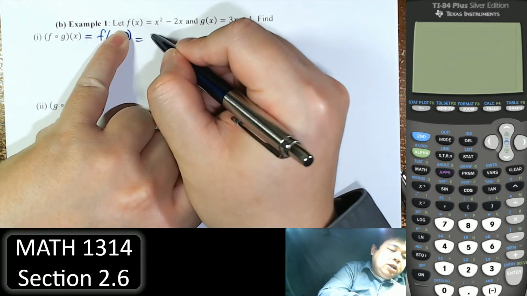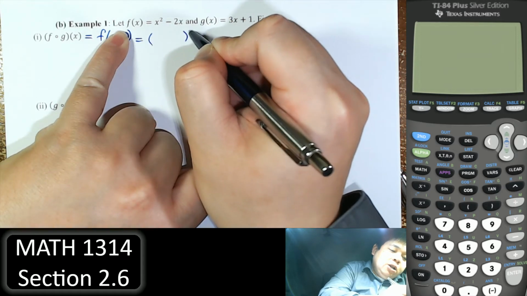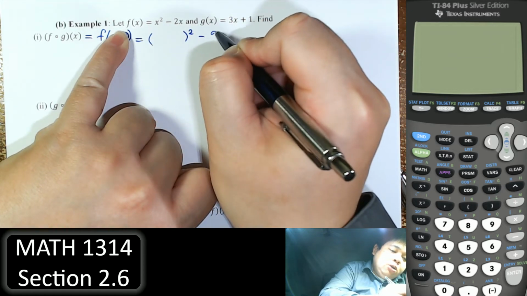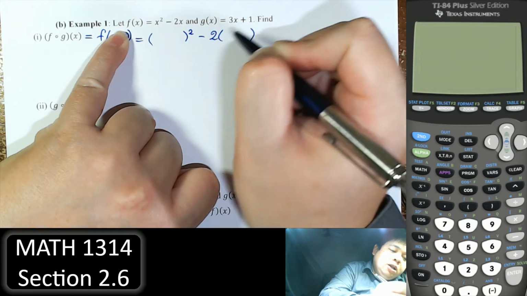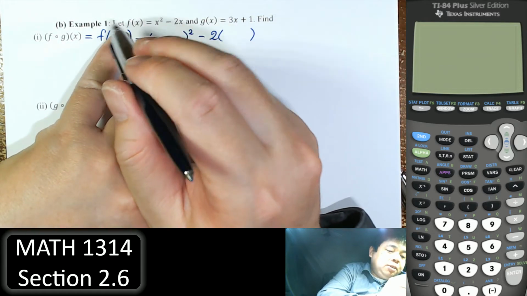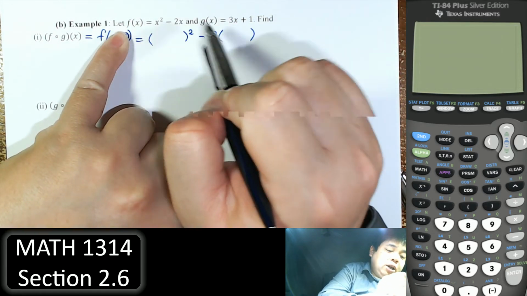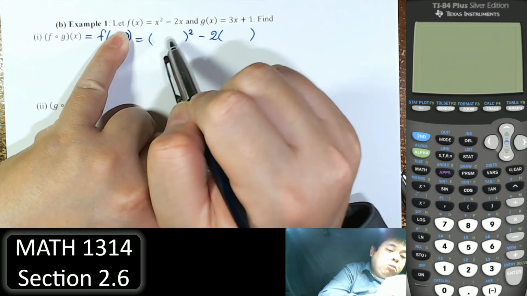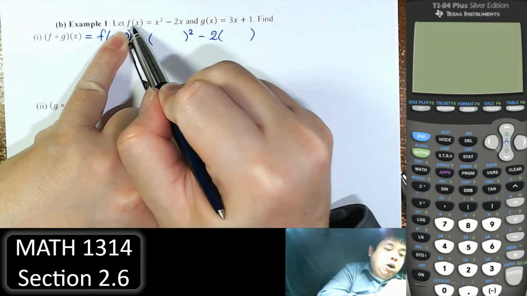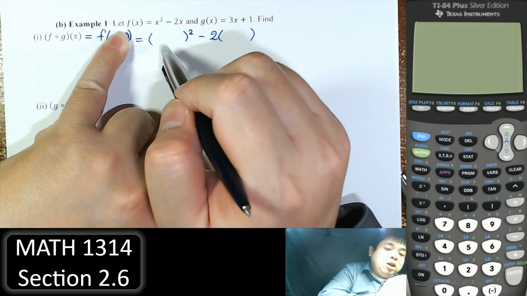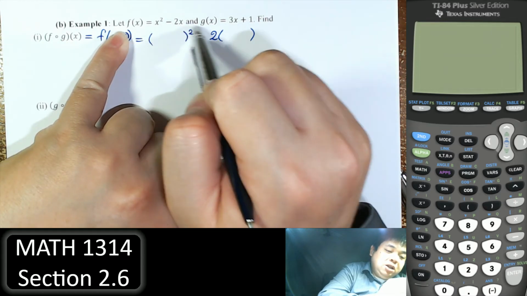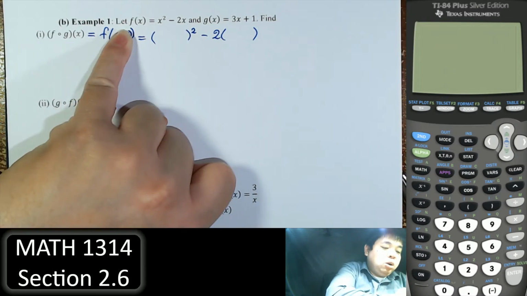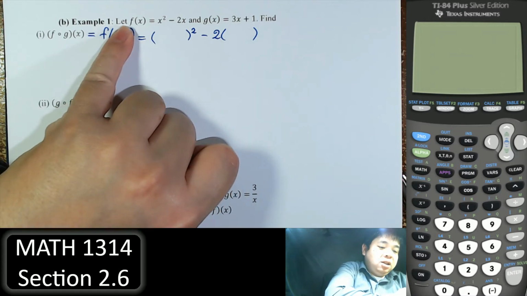It's going to be that square minus 2 times that. Whatever we put in the parentheses for the f, we're going to put in every parentheses here. So we have one place for x, that's just a parentheses, x, another parentheses, and x. So it doesn't matter what's inside it.